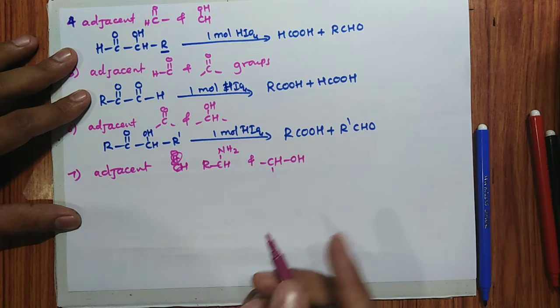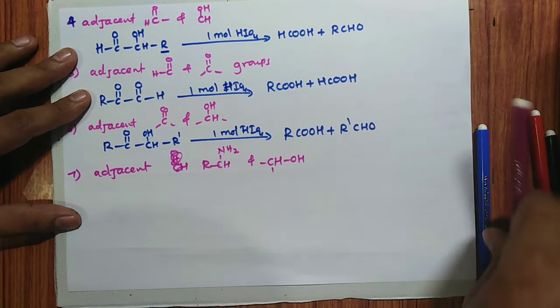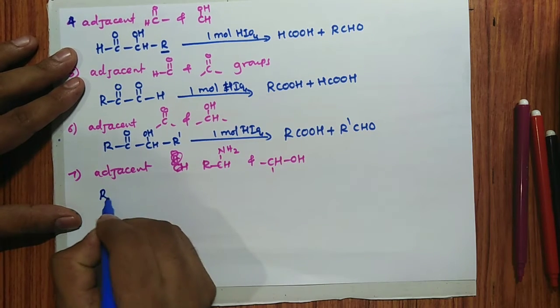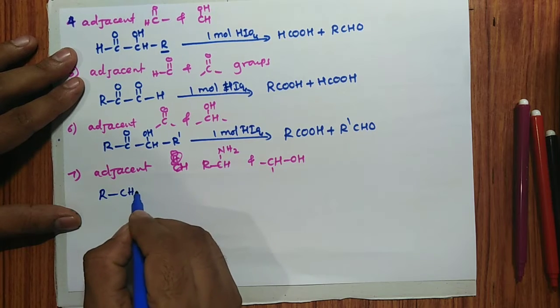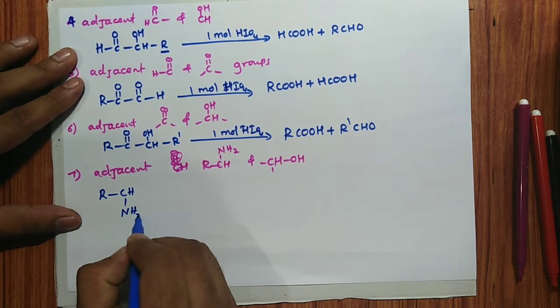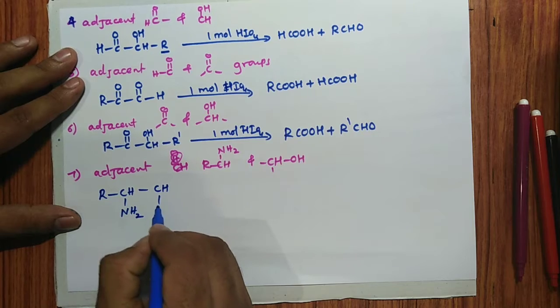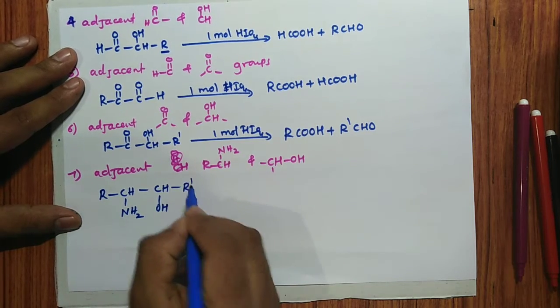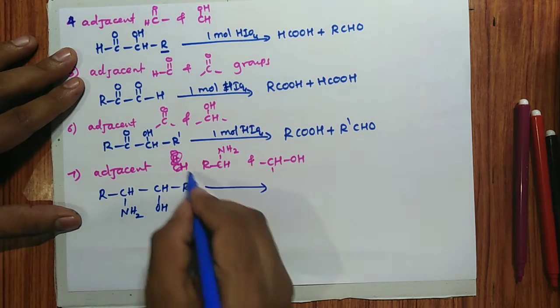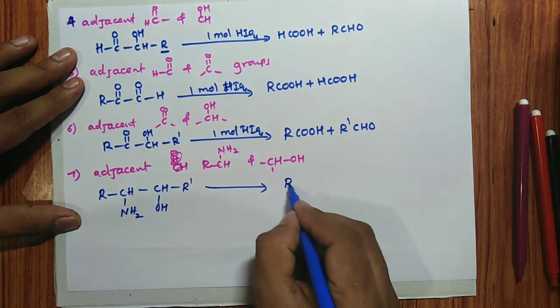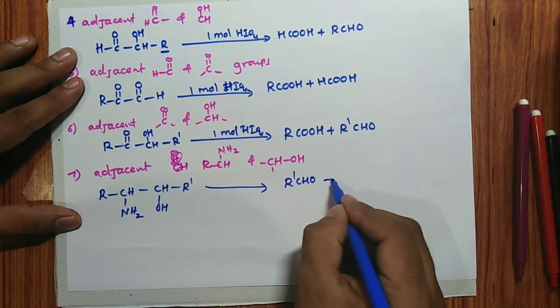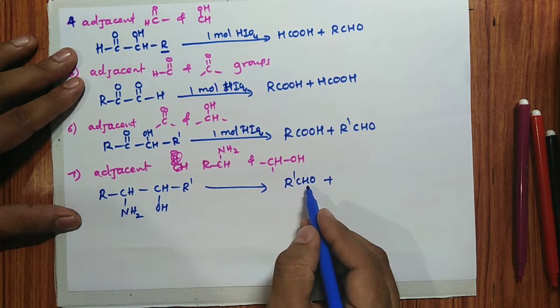So if an alcoholic group and an amine group are there, for example RCHNH2, then CHOH R dash. Remember, this will convert into aldehyde, no doubt. So R dash CHO I will write first.